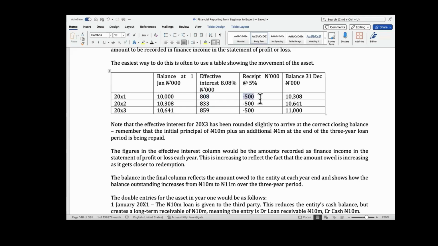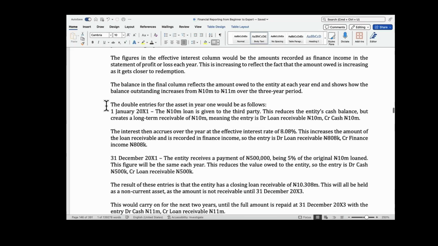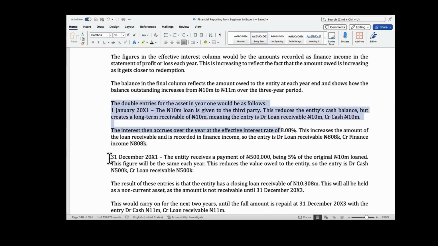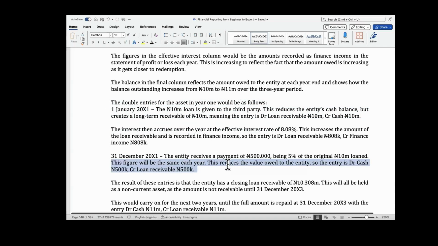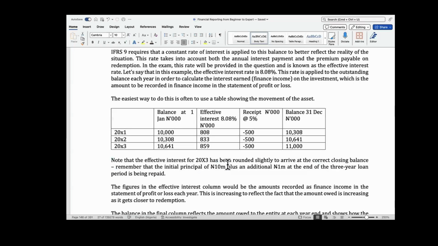This 500 that you are receiving, because this is an income, you debit bank, you credit the financial asset or interest receivable. And that applies to the second year and the third year. Anyway, in your notes, it's already well explained there. I've already done all of that there. I just needed to mention it to your hearing.